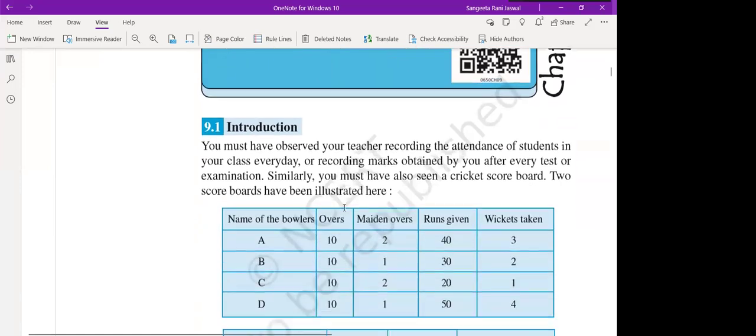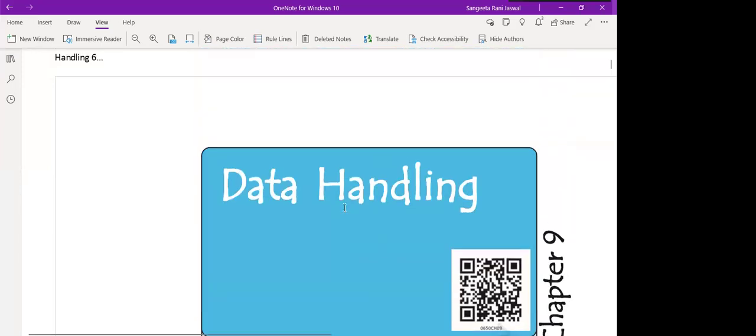Now this is data handling. What is data? Tell me, Adya, what is data? Your teacher must have told you. Ma'am, it is a collection of information, like observing numbers, measuring things.